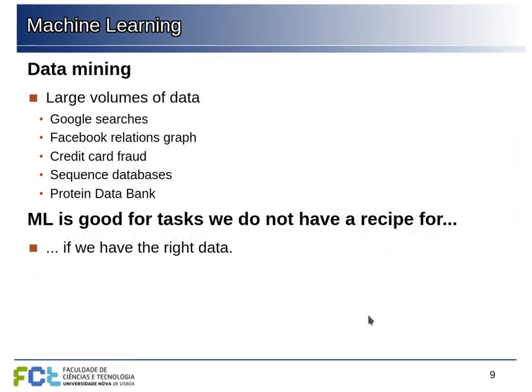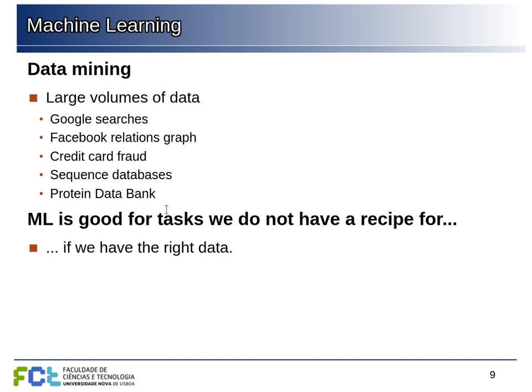This is good when we have large volumes of data. And in bioinformatics, we have things like sequence databases or the Protein Data Bank that have huge amounts of data. And when we have lots of data, then it's easier to use machine learning because we have many examples to help us fit our models.